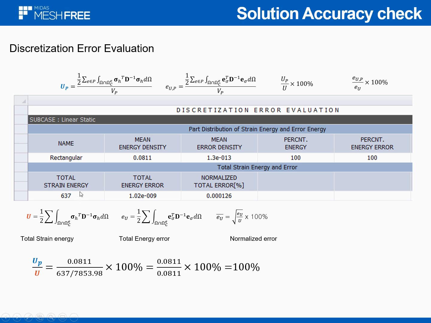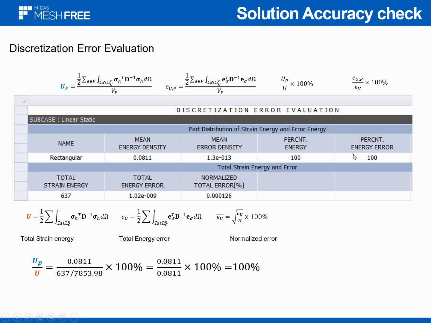If you take a look at the total strain energy and divide this value by the volume, you get this value, the mean energy density. In a similar way, if you take the total energy error and divide by volume, you get the error density.